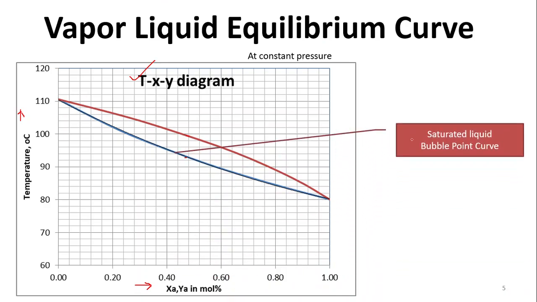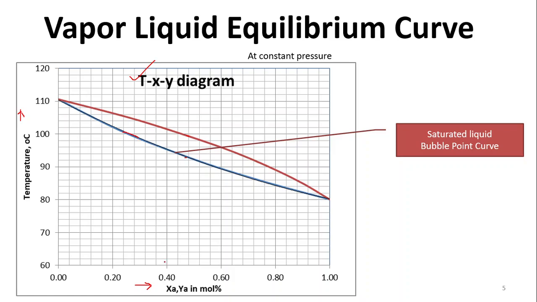Now see here, this is the saturated liquid or the bubble point curve. I have already explained the meaning of bubble point and bubble point curve. This is the locus of all the bubble point temperatures, meaning this is the point at which the first bubble forms.